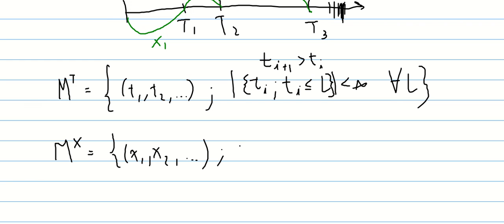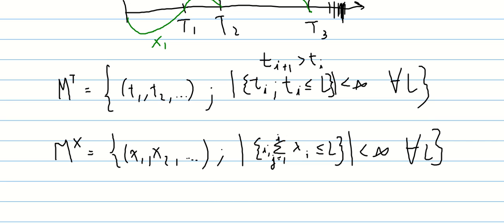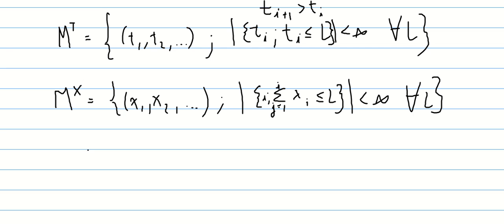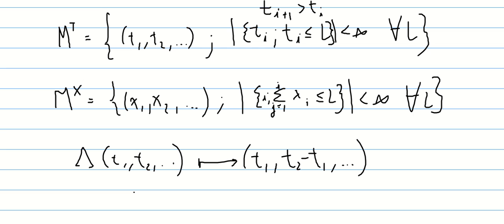They have to satisfy that the sum for j equals 1 to i of Xj smaller or equal than L, so the i such that this holds is finite for every L. So it's very similar, and this already gives us the intuition of what the bijection is going to be. We're going to take an application lambda that takes T1, T2, and so on, and sends it to T1 minus T0, T2 minus T1, and so on. It's a bijection from M_T to M_X.